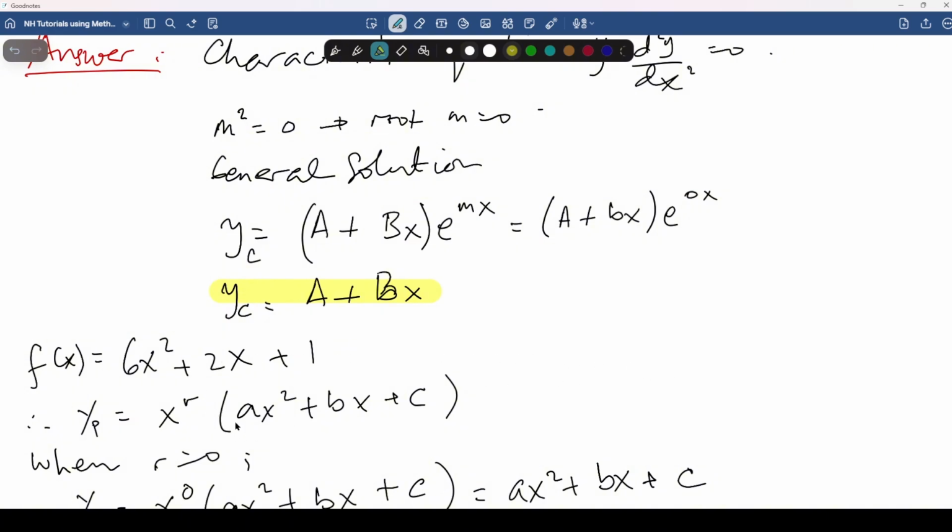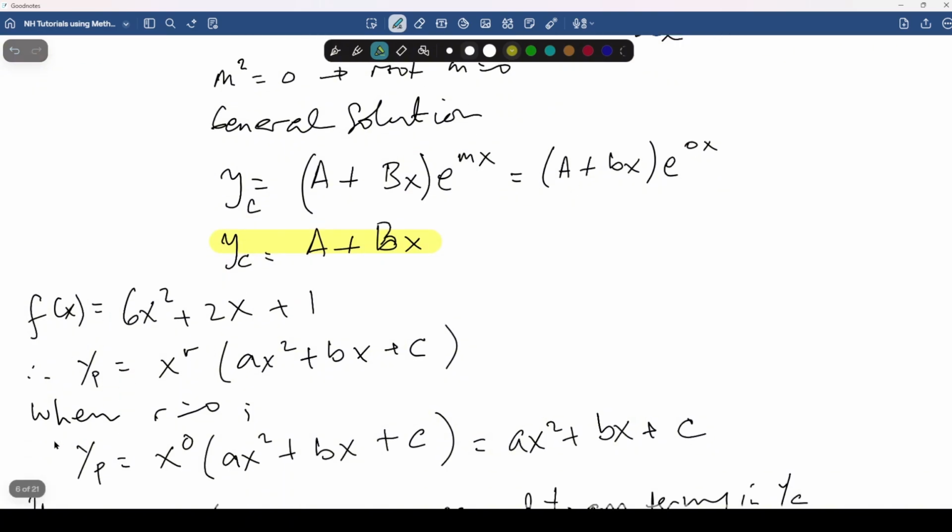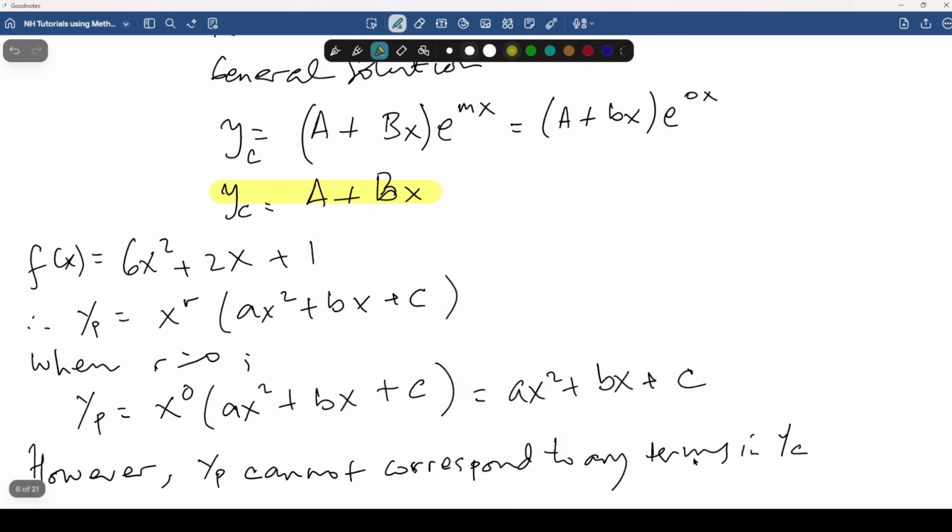Our best guess for the particular integral is ax squared plus bx plus c, multiplied by the multiplier x to the power of r, and we start from r equals 0, which gives a value of 1. So our yp is ax squared plus bx plus c.